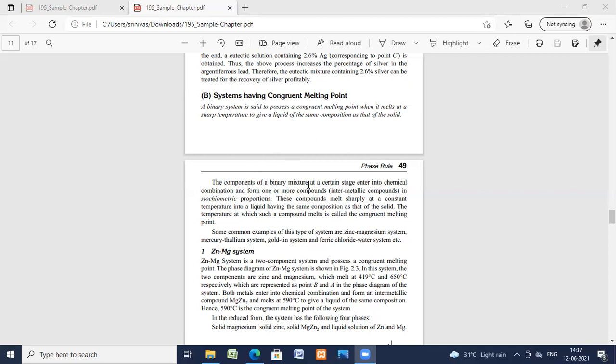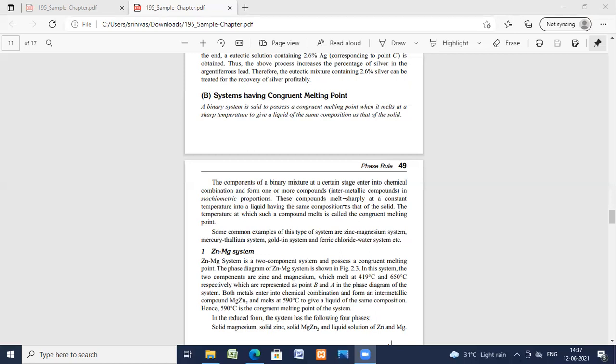So the components of the binary mixture at a certain stage enter into chemical combination and form one or more intermetallic compounds in stoichiometric proportions.